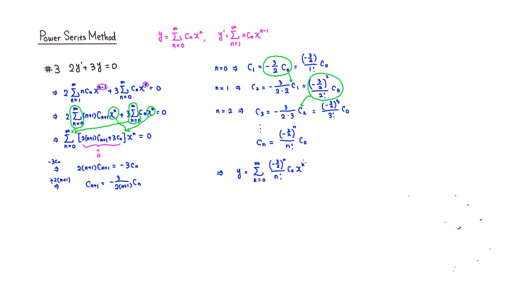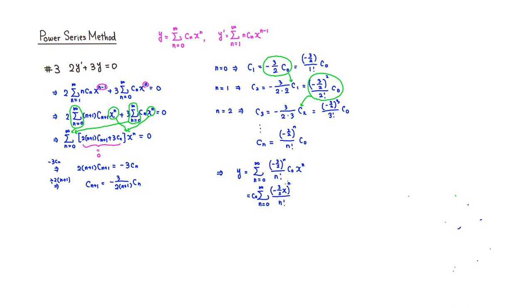This is equal to the summation, n goes from 0 to infinity. I'm going to put the C0 outside since it's just a number. Then I'm going to combine negative 3 halves and x to the n together. So you have negative 3 halves x, raised to the nth power, because both of these have an nth power, over n factorial.